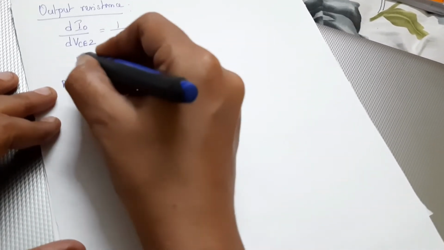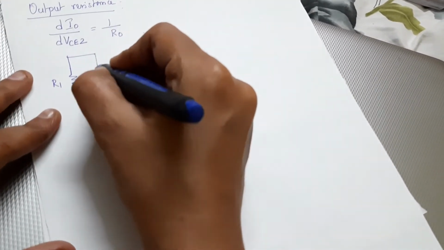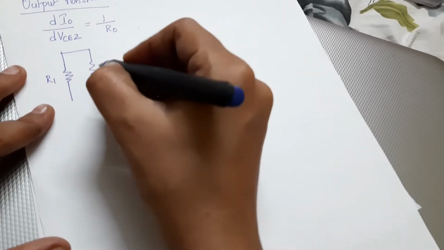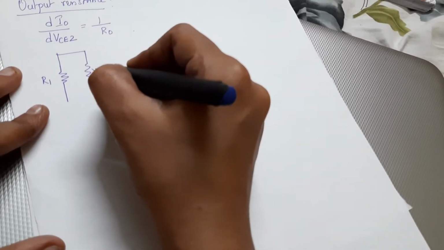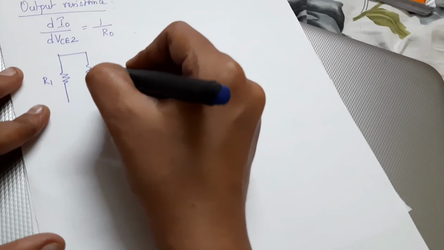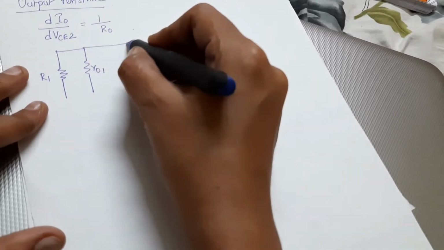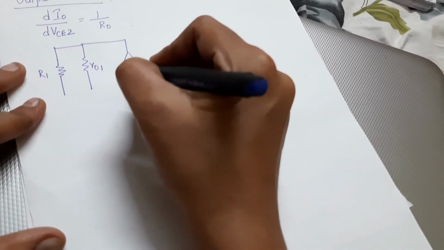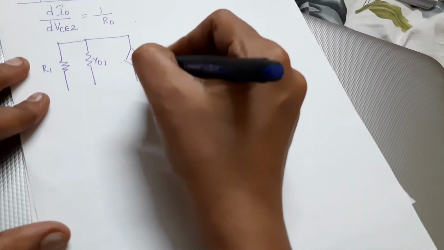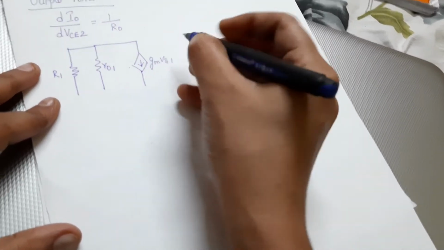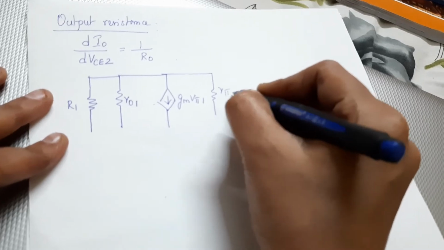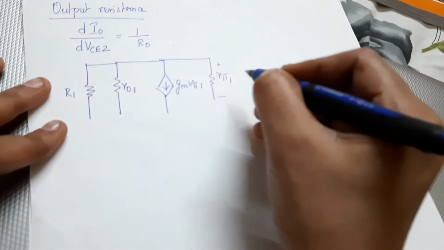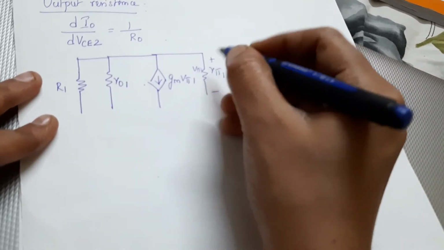So this is my R1. This is for transistor 1 that I'm drawing. This is my R01, this is my gm V pi 1, and this is my resistor R pi 1. Across my R pi 1, the voltage is V pi 1.